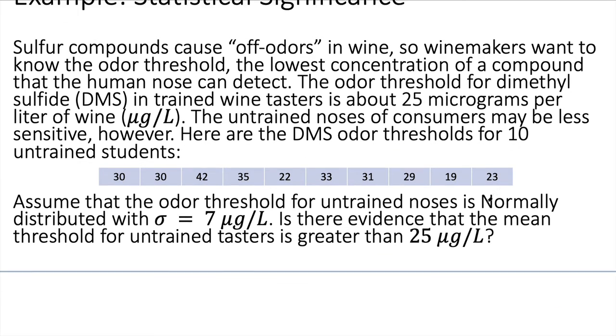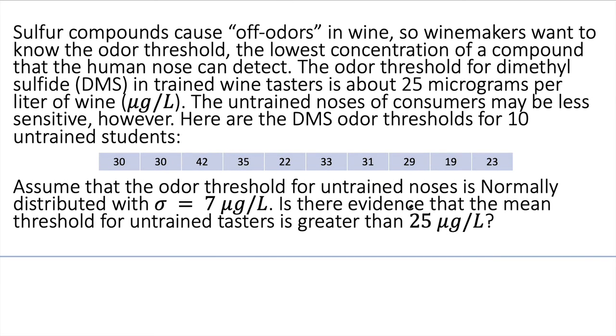So we'd like to know if we've got evidence. We should probably determine a threshold here. So I'm going to pick my alpha level of significance to be 0.05, and I'm going to find out if it's significant at that level. The very first thing I want to do is state my hypotheses. My null hypothesis is that I'm talking about untrained tasters, and the mean I'm comparing against is 25.